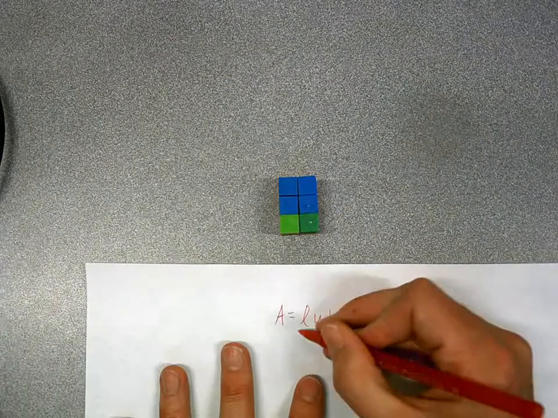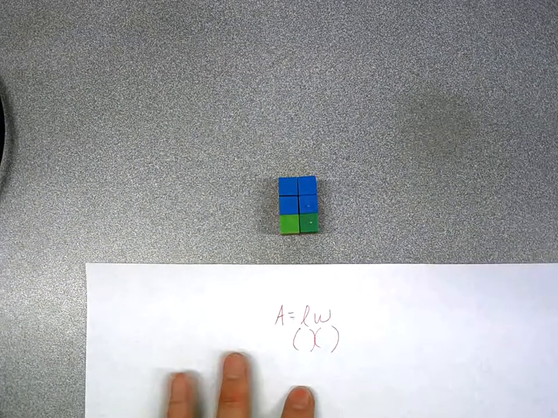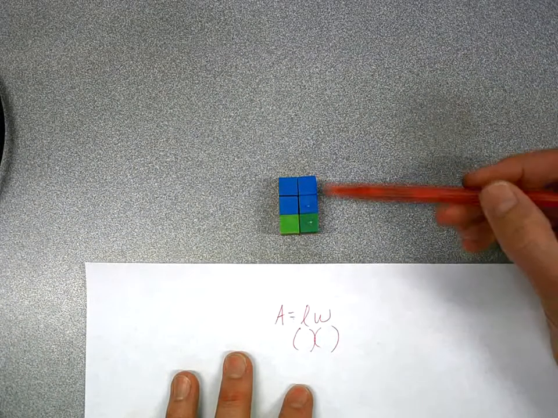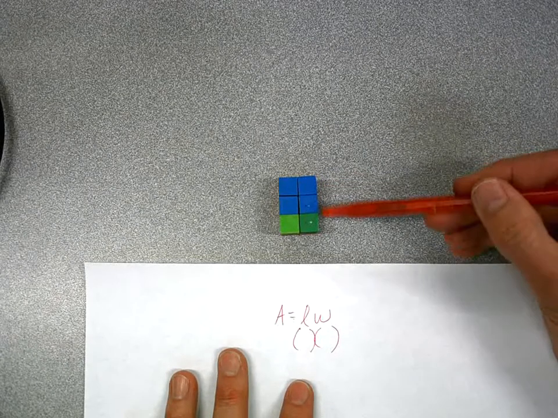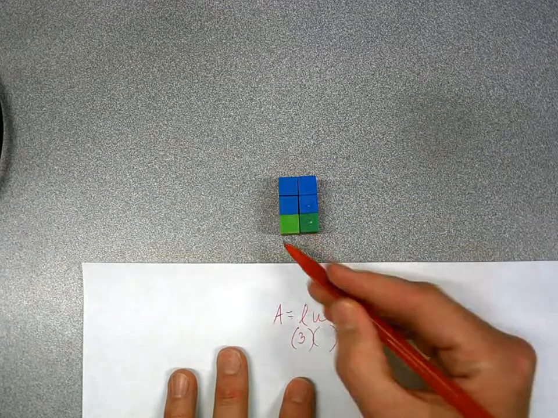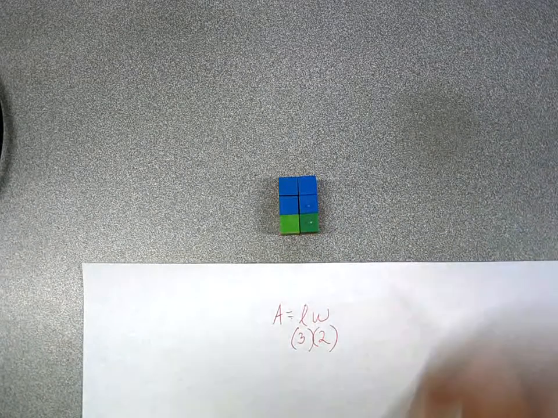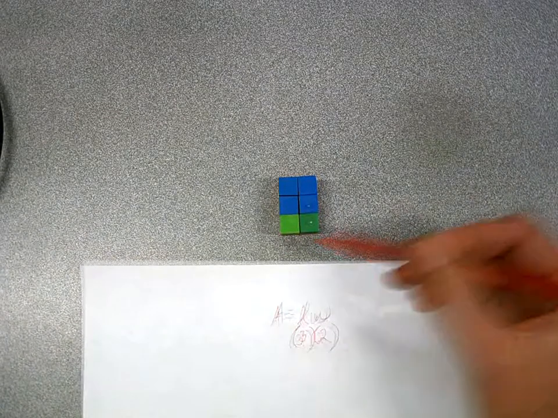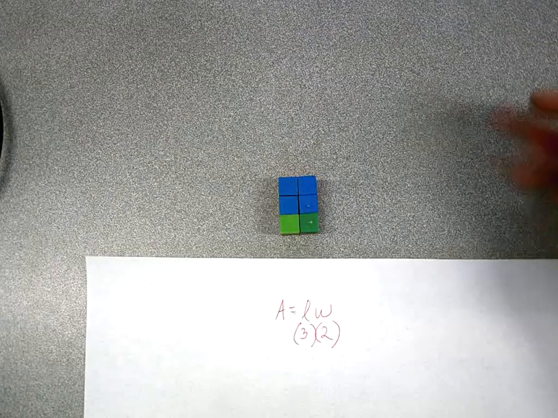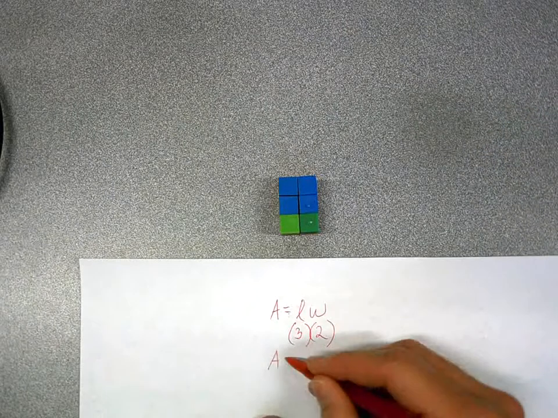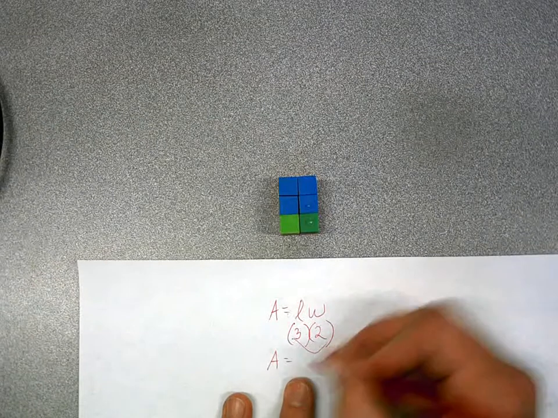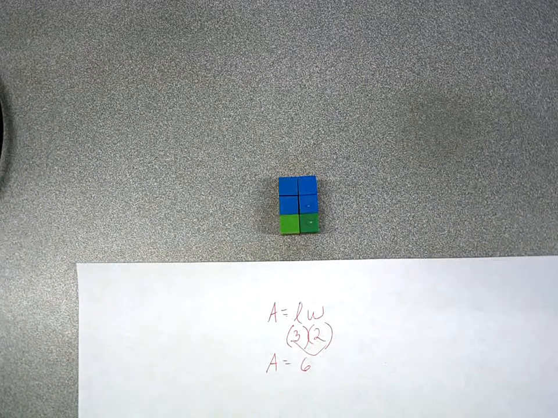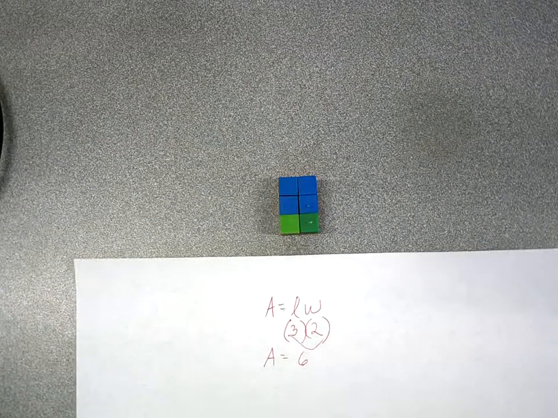So plugging in numbers, what would be the length of this rectangle? If we call this the length, it's 3. The width is 2. These are centimeter cubes, so it's 3 centimeters by 2 centimeters. And so the area is, of course, 6 square centimeters.